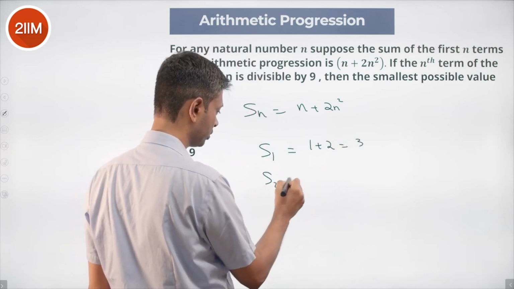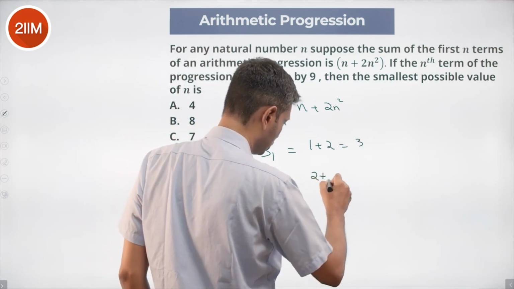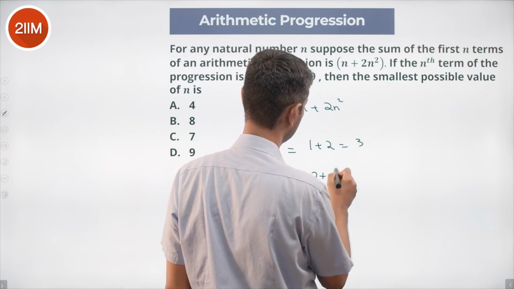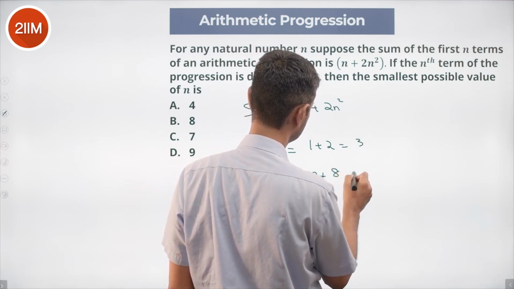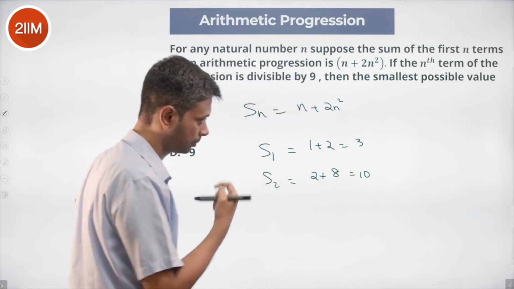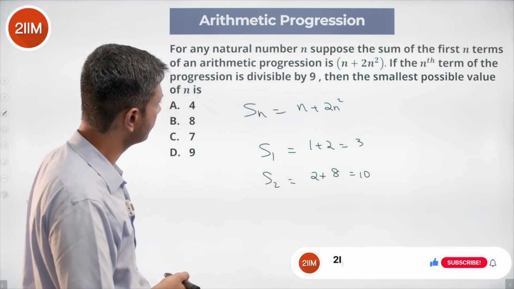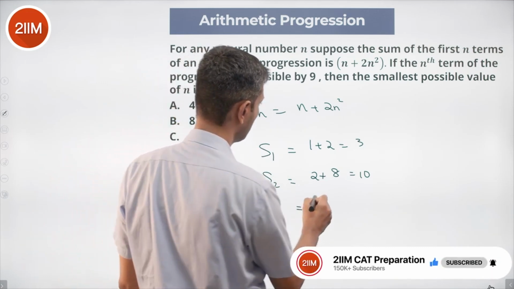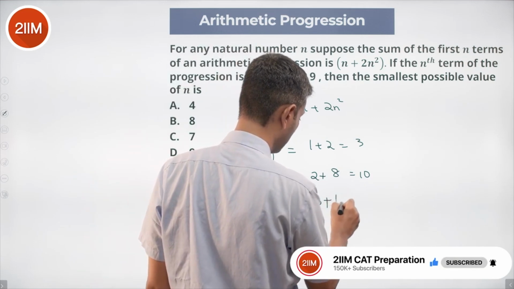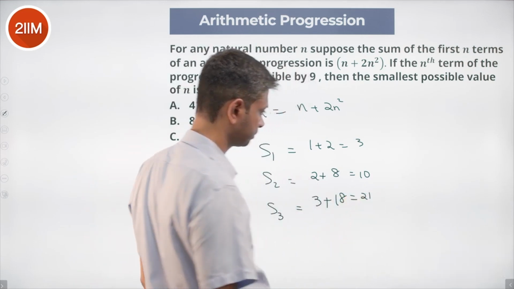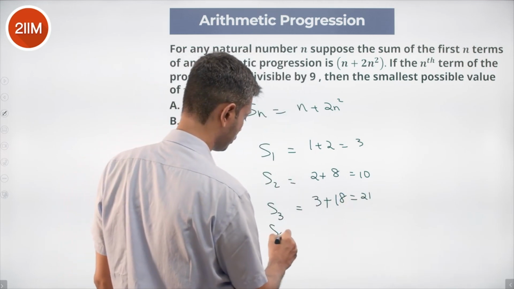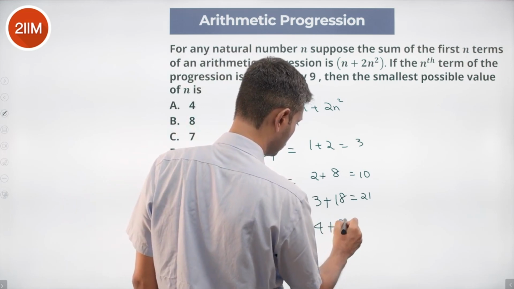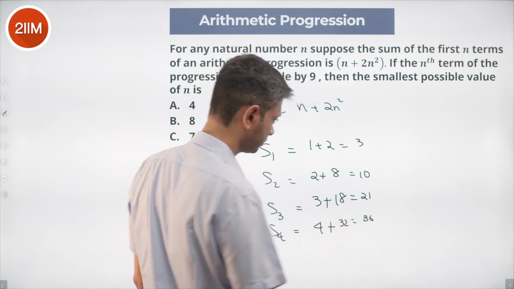Sum up to two terms: 2 plus 2 into 2 is 4, 4 into 2 is 8, 2 plus 8 is 10. Sum up to three terms: 3 plus 2 into 9 is 18, this is 21. Sum up to four terms is 4 plus 2 into 16 is 32, this is 36.